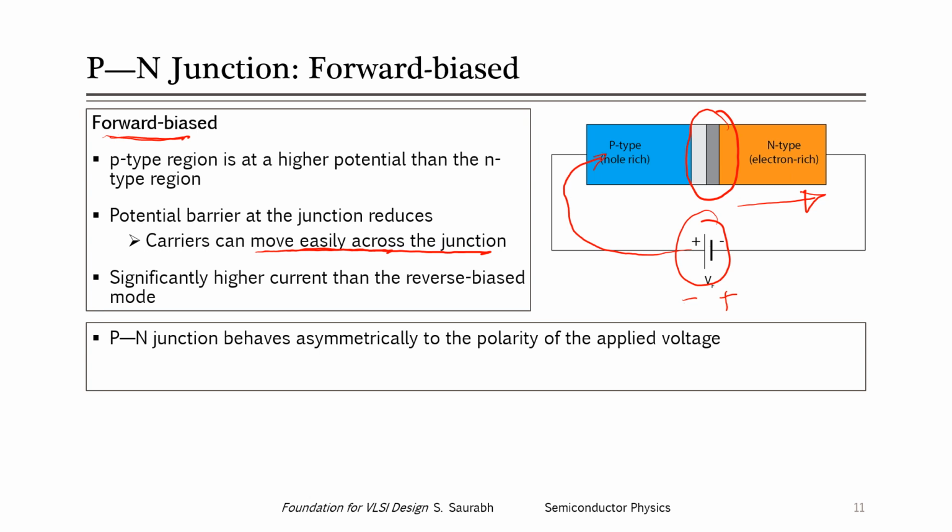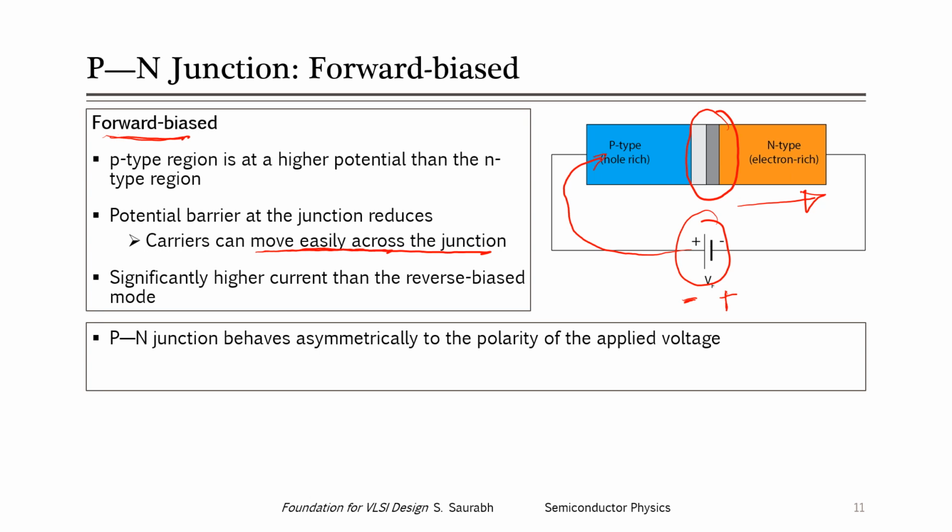If negative bias is applied to P, it is a reverse bias situation, and negligible current flows in the PN junction, and therefore the PN junction is an asymmetrical device. It allows current to flow easily in one direction but not in the other direction.